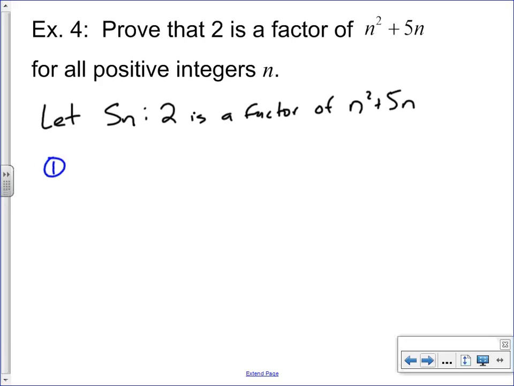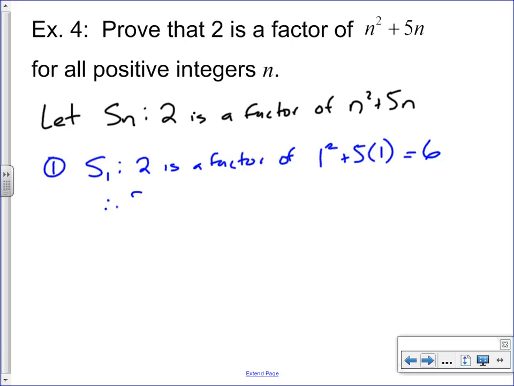S1 would be: 2 is a factor of 1 squared plus 5 times 1, which is equal to 6. Therefore, S1 is true.